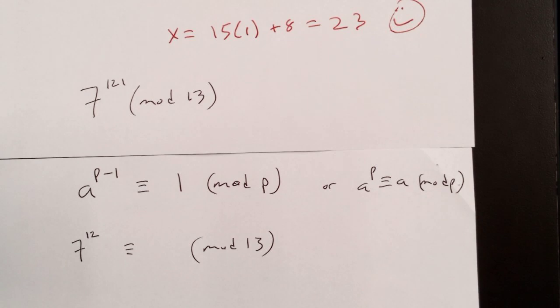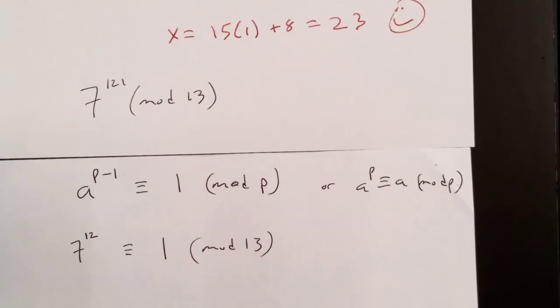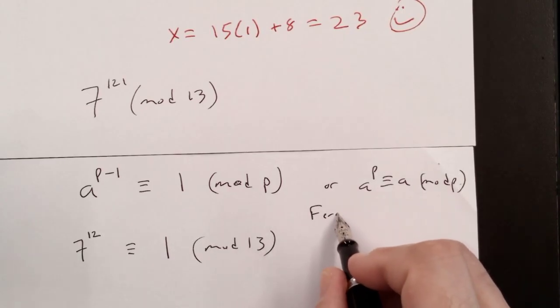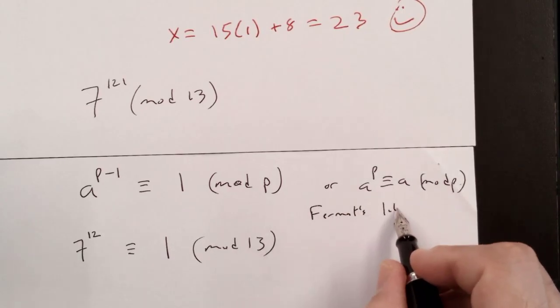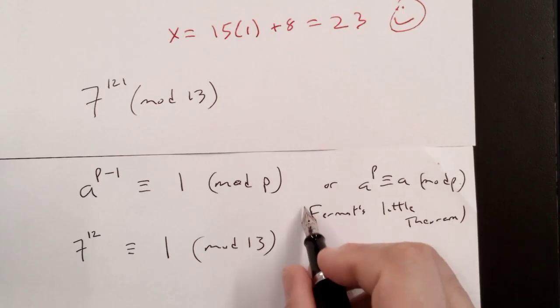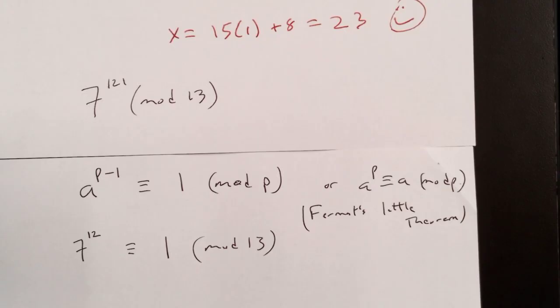By this Fermat's theorem, I get 1, right? By the way, this result is called Fermat's little theorem. So how do I do 7 to the 121st?